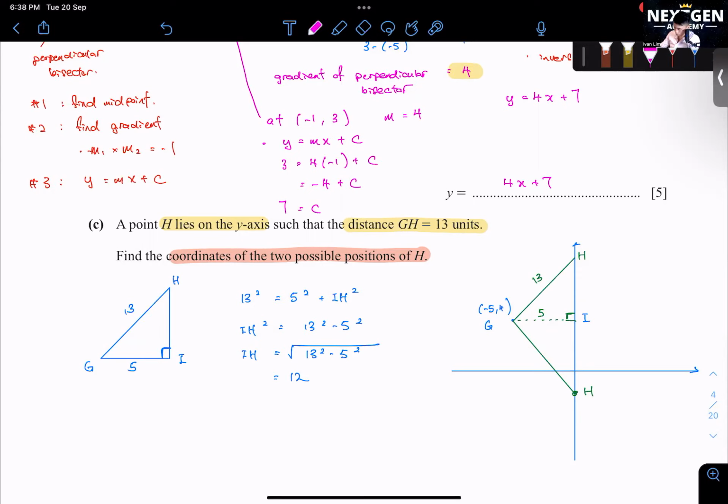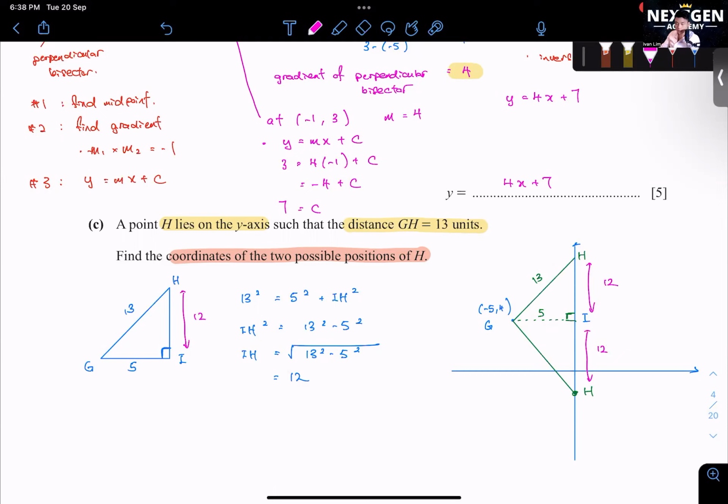What do I know? I know this unit is 12. This unit here is 12. Can you see? This one also 12, right? This is also 12, because we can be going up or going downward. That means there are 2 possible points for this H value.